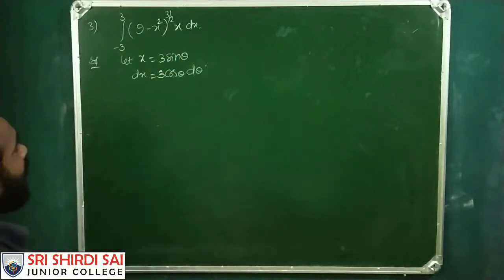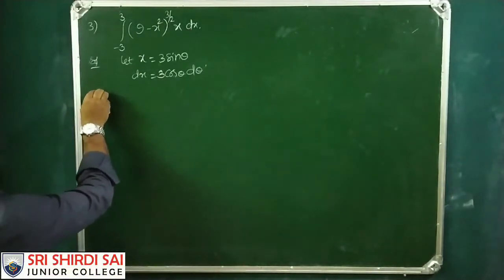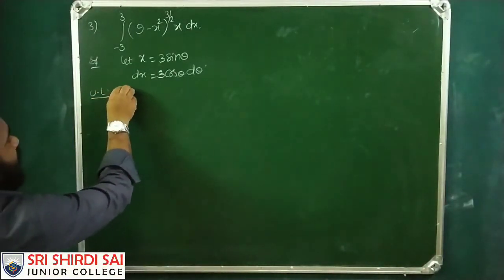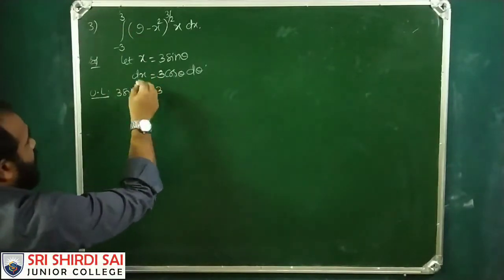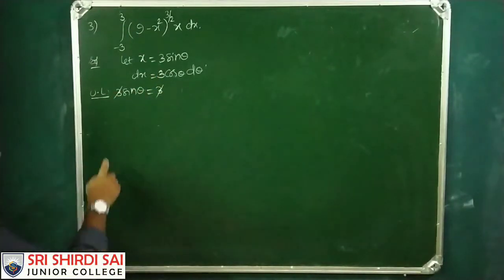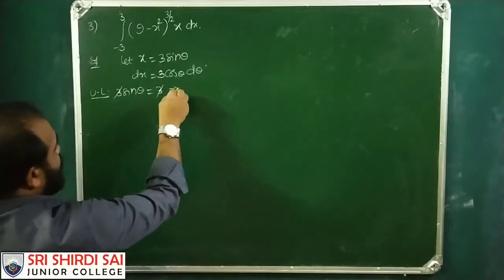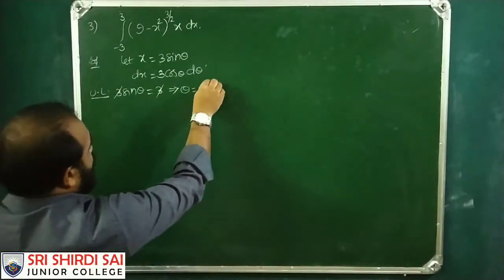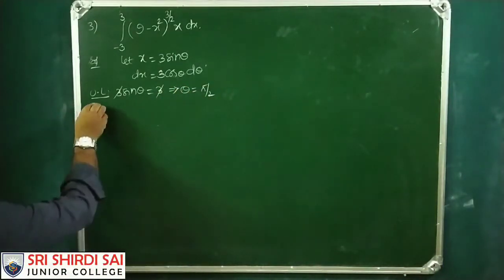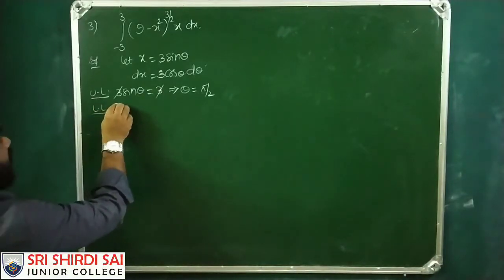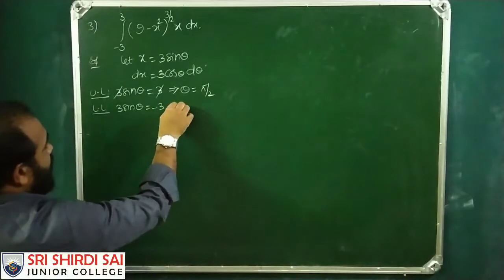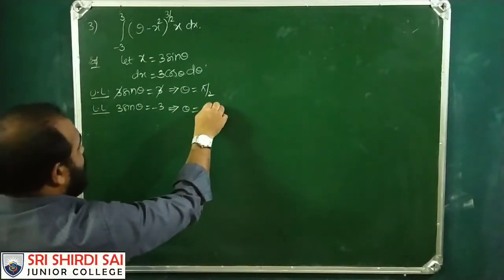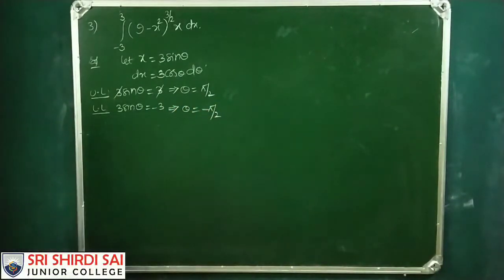So upper limit: 3 sin theta is equals to x value is 3. 3 gets cancelled, sin theta is equals to 1, theta is equals to pi by 2. Lower limit: 3 sin theta is equals to minus 3, theta is equals to minus pi by 2.